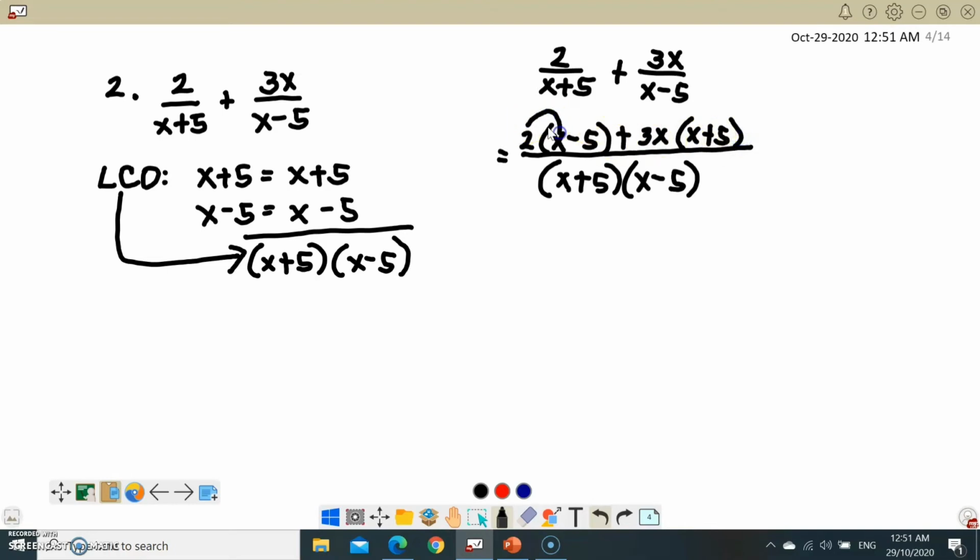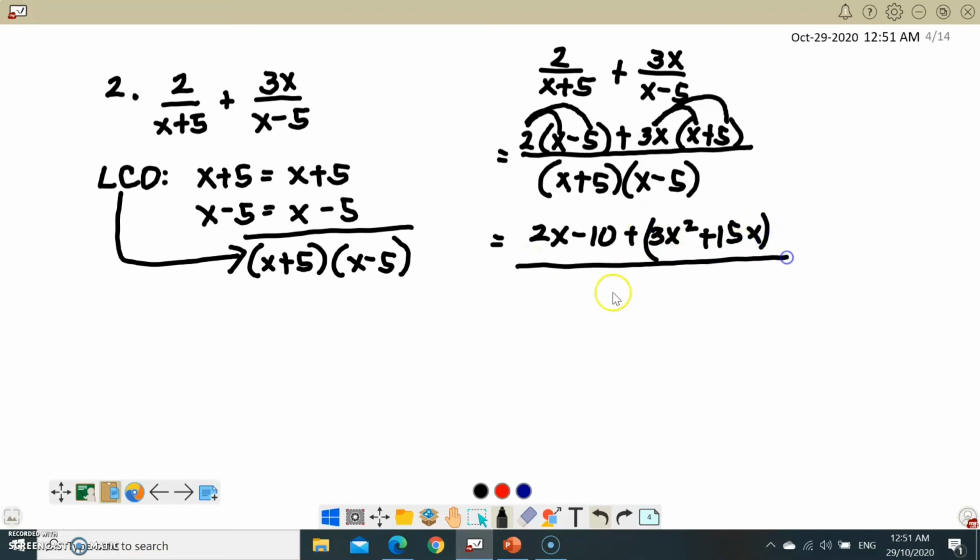So distribute 2. 2 times x is equal to 2x. 2 multiplied by negative 5 is negative 10. Plus 3x multiplied by x is 3x squared. 3x multiplied by 5 is equal to positive 15x. So positive 15x over x plus 5 multiplied by x minus 5.